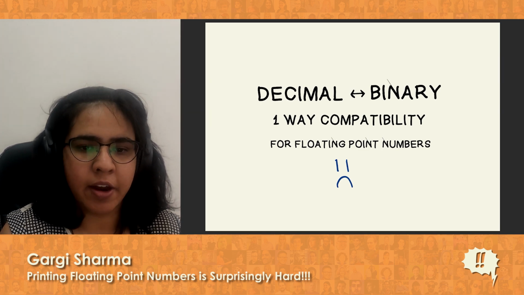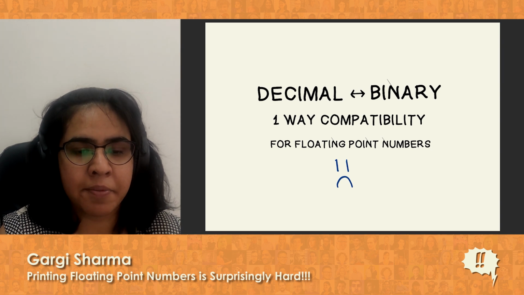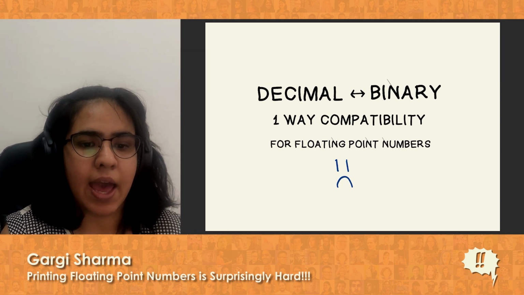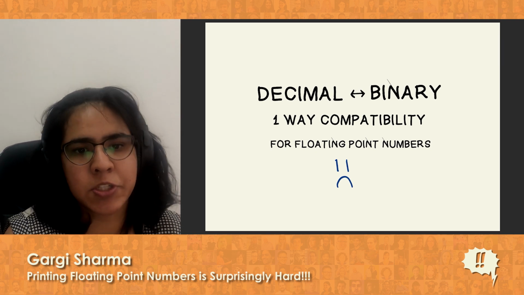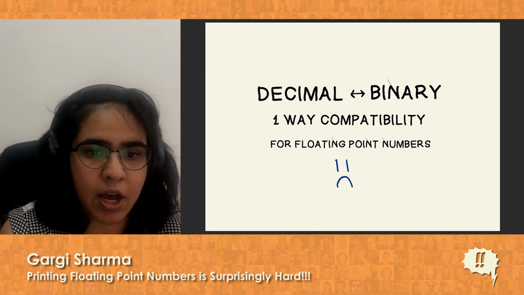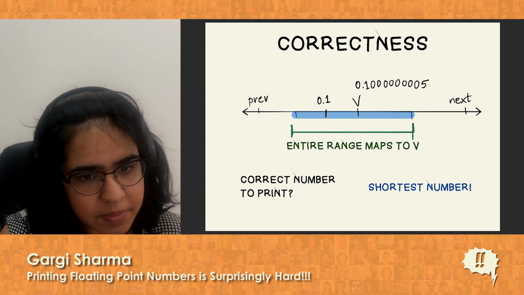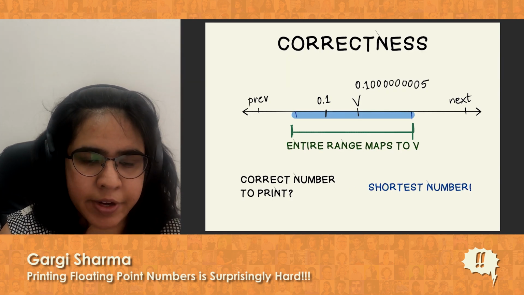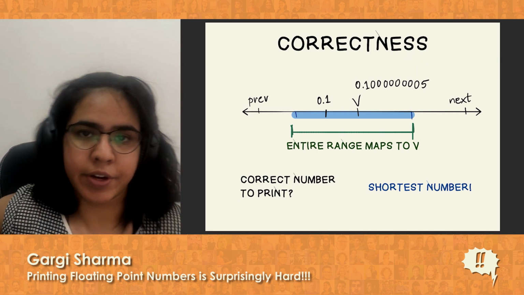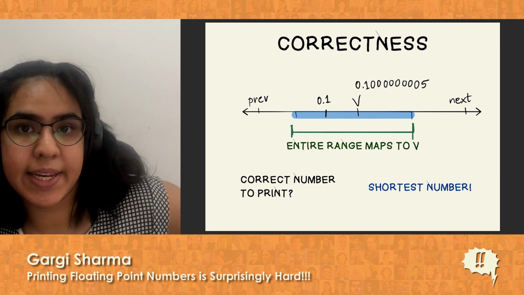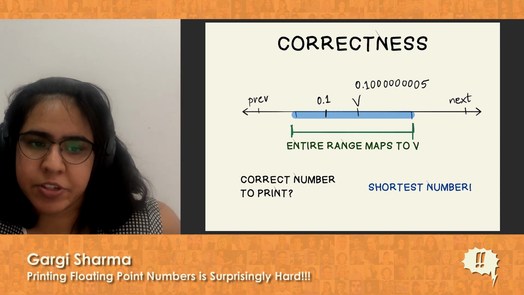There's an entire range on the number line that will map to v, and in that entire range, what we want to print is the shortest number, which will be the correct answer for printing this floating point number.